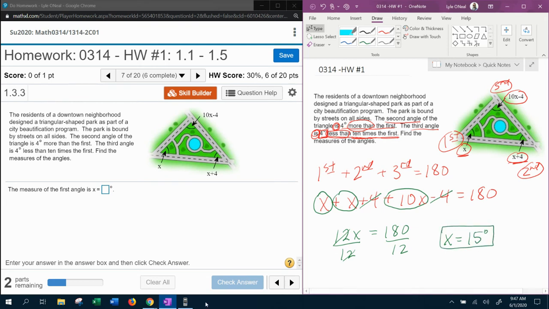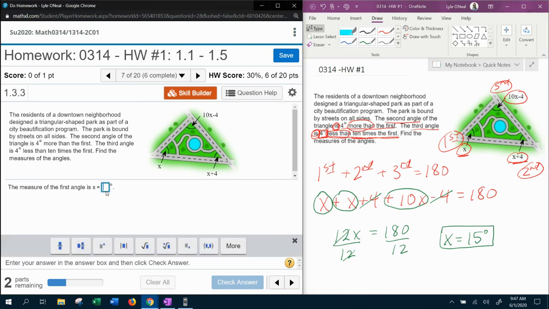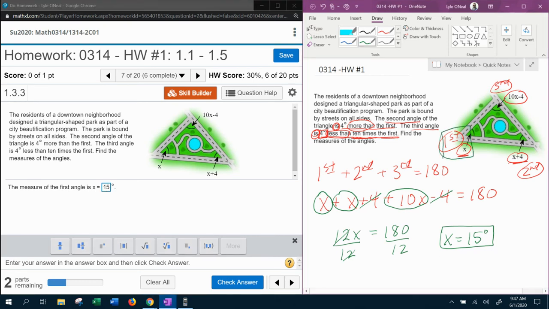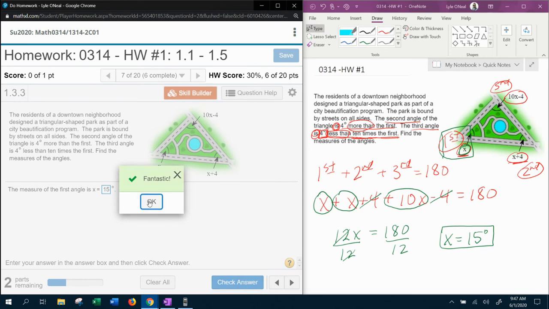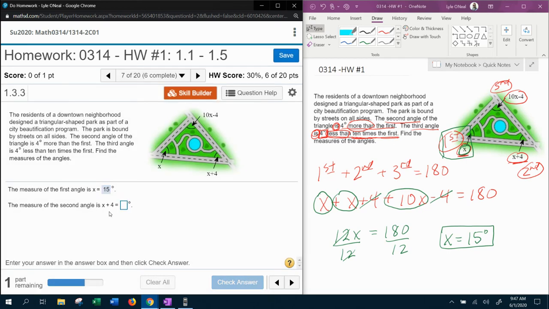So notice that's what they asked for over here. It says the measure of the first angle is, and we know now that that first angle is 15. Why do we know that? Because we know the first angle, look over here, the first angle was x. Just x by itself is 15, okay? So let's check that. Good. The second angle, and notice they even tell me the second angle is x plus 4, okay?